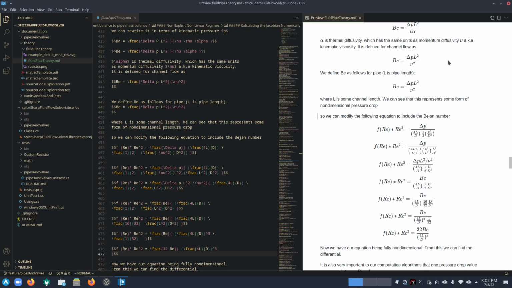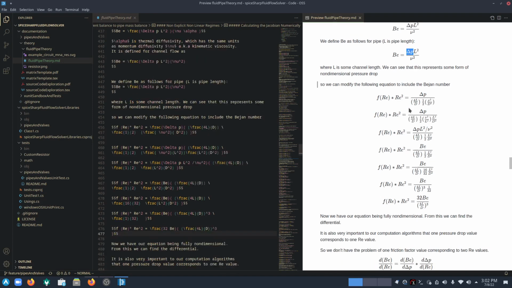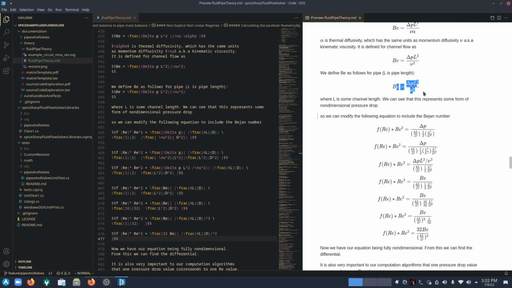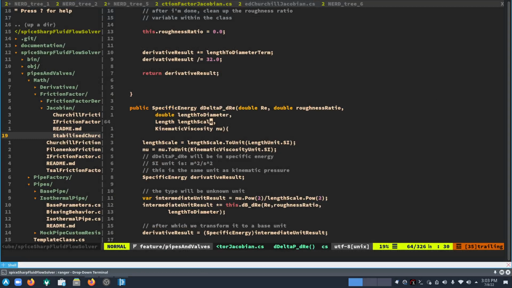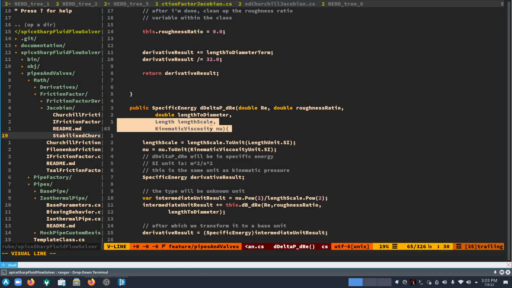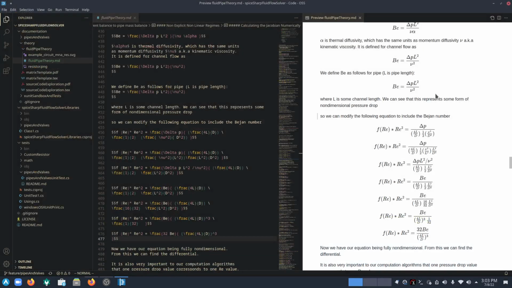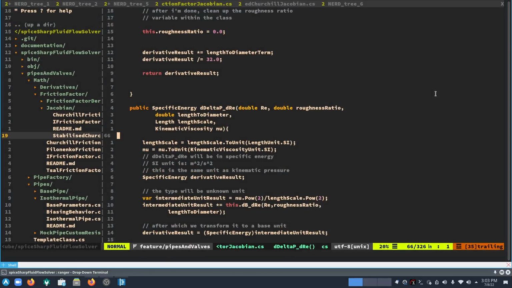I will square both terms, but the important thing is to have this L squared and nu squared to find dBe d delta P. So we differentiate this equation both sides by delta P, and we just get L squared and nu squared. That's why I'm having these two things right here. That will be how we find dBE d delta P.